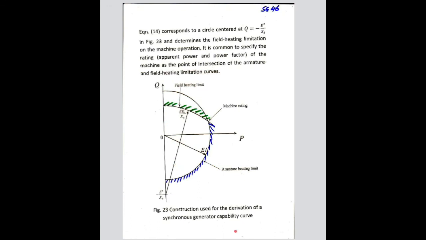If you want to convert to 3-phase, you multiply all the parameters by 3. So this will become 3 times E naught over XS, this will become 3 times EI, and this will become minus 3E squared over XS. Then you will have what we call a 3-phase capability curve, as opposed to the capability curve which is per phase.